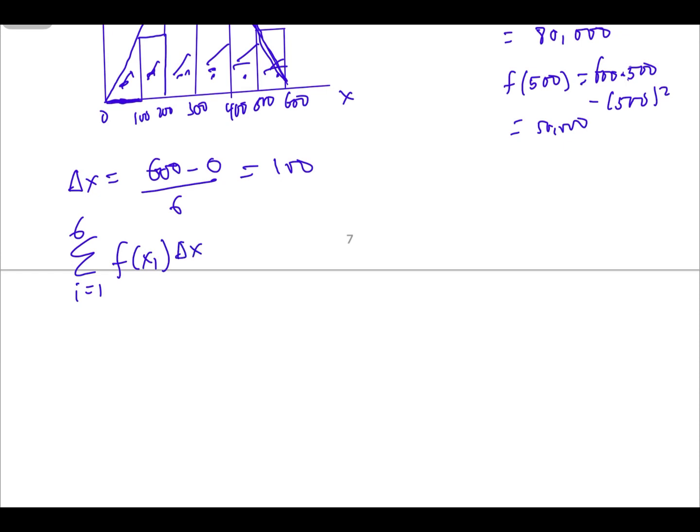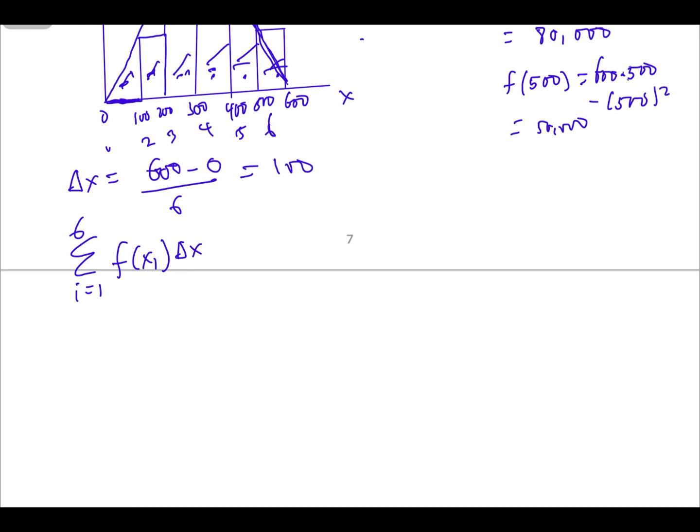When they say 6, don't assume that we need to bring this 600 as part of the equation, because we started at 0. If we started at 100, then it should have been 100, 200, 300, so that 600 will be included. But we started at 0, so 0 is counted as part, so this one should be 1, this one 2, 3, 4, 5, 6.